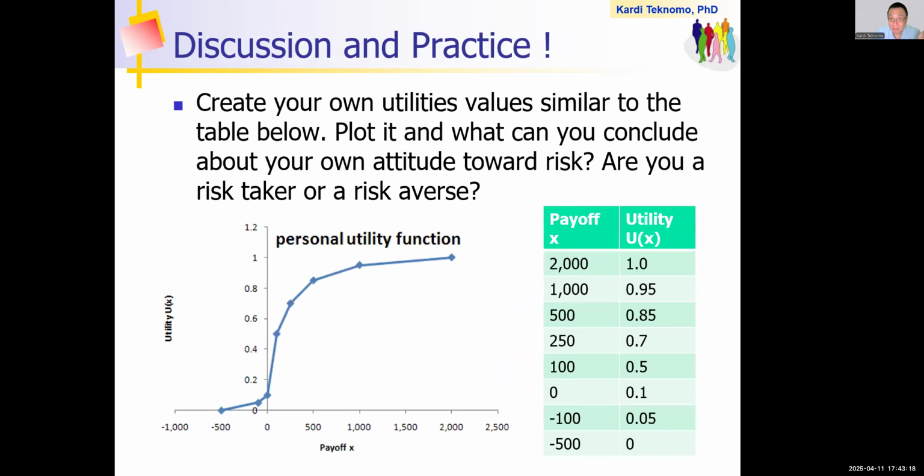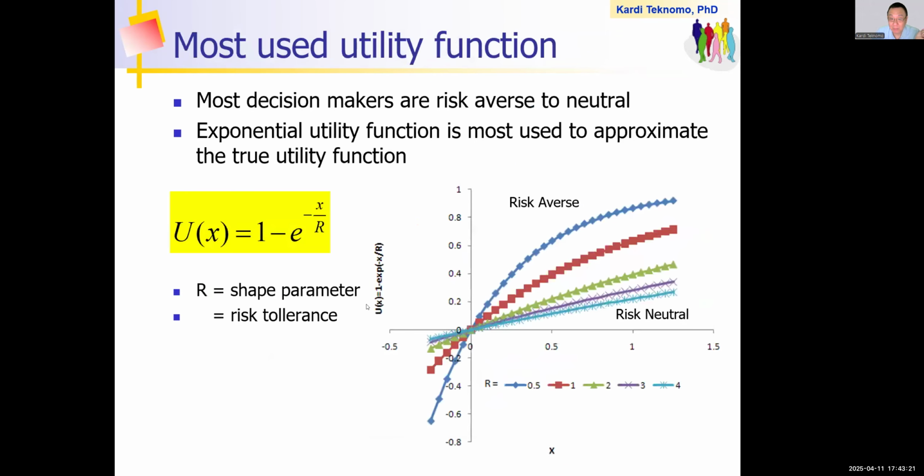So let's come back here. Now let's discuss the meaning of R here. This is called the risk tolerance parameter, or shape parameter. You can start to see the meaning by plotting for different R. Can you see? If R is small, the blue one, it is more risk averse.